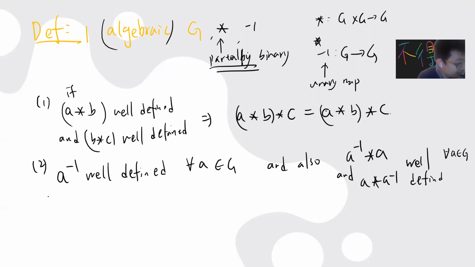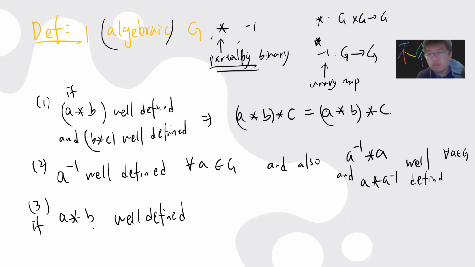Then the third requirement is that if A star B is well defined, then by 1 and 2, I know that I can compute A star B star B inverse, because A star B exists and B star B inverse exists by 2, so this always exists.